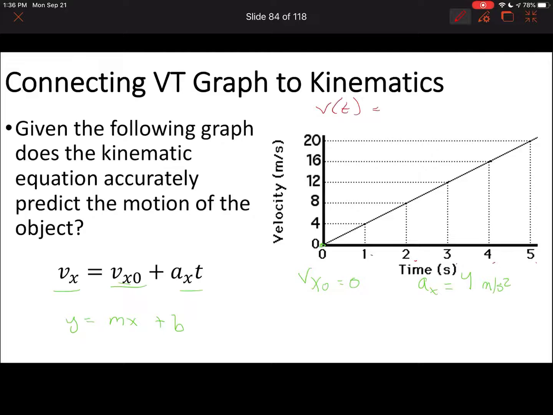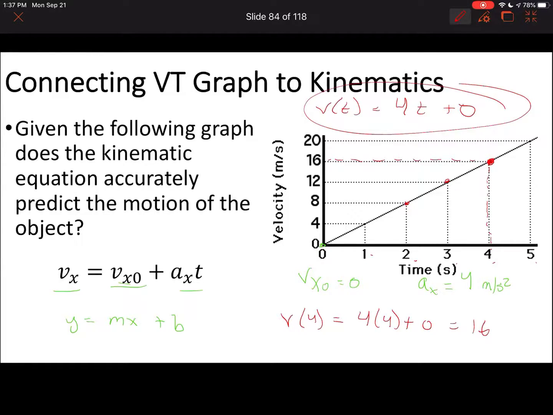My function of time would look something like 4t plus 0. Now I have a function that I could plug in anytime. Let's say I want to know what v sub 4 is. If I plug into this equation, I would do 4 times 4 plus 0, which just equals 16. Do I get that answer out? I do. If I plug in 4, I get an answer of 16.